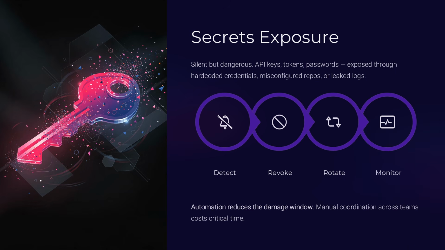Secrets are the lifeblood of cloud-native environments. API keys, access tokens, service account credentials, database passwords. In DevSecOps environments, secrets exposure can happen through hard-coded credentials, misconfigured repositories, compromised build logs, leaked environment variables. When a secret is exposed, incident response must be immediate.